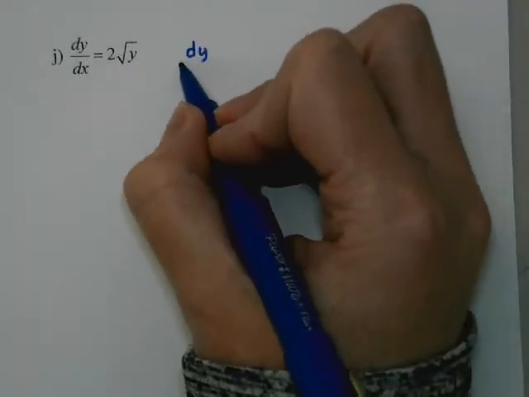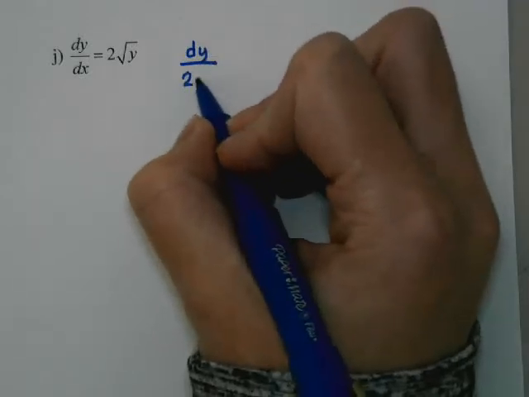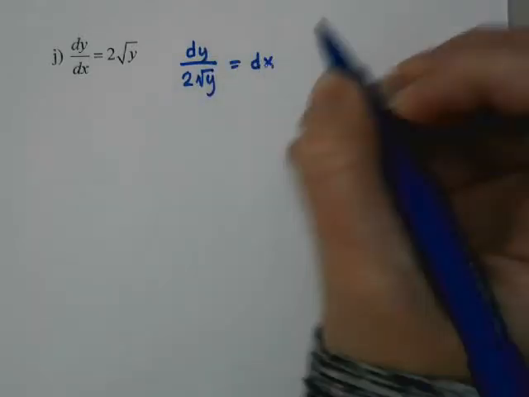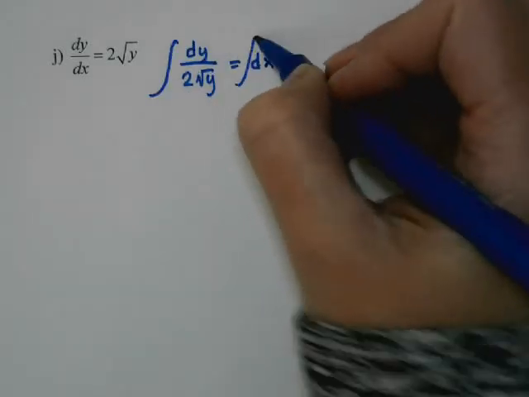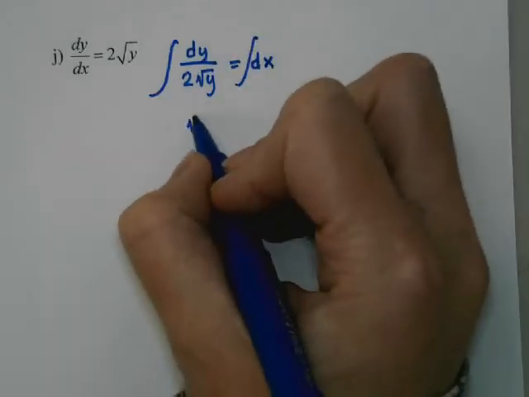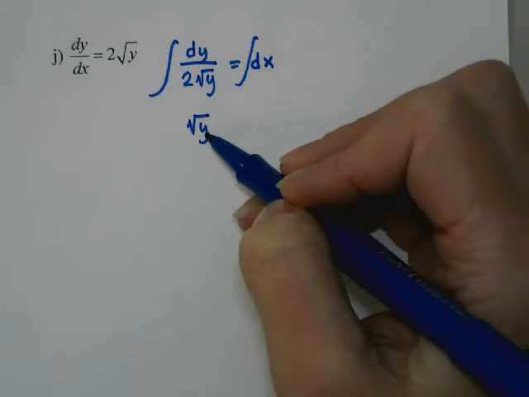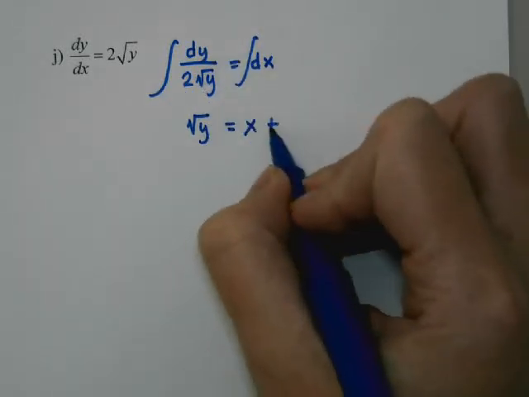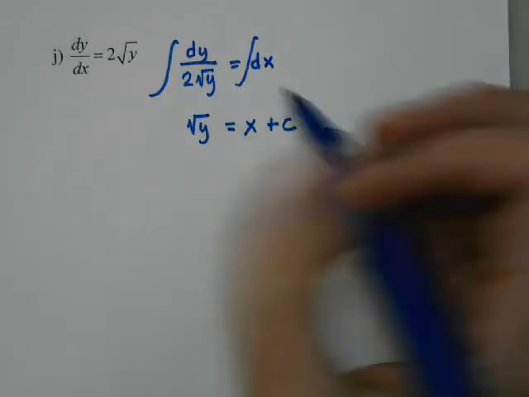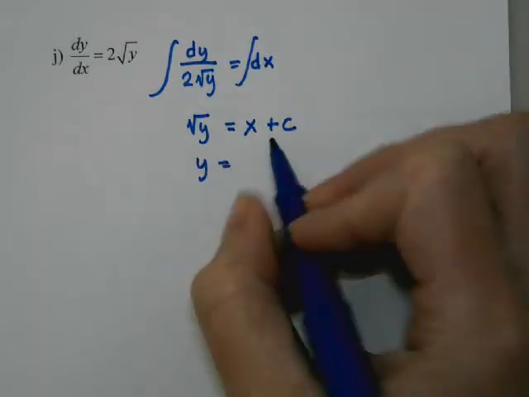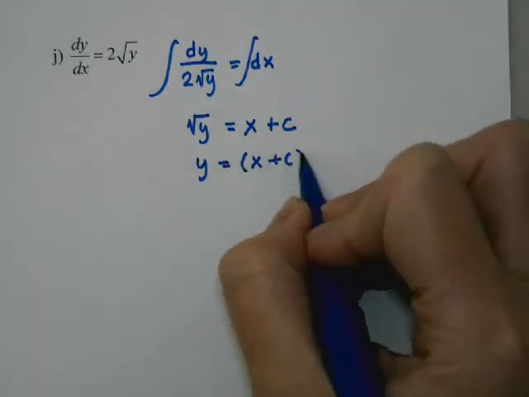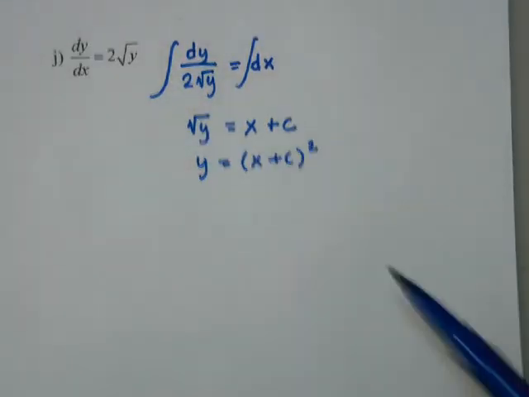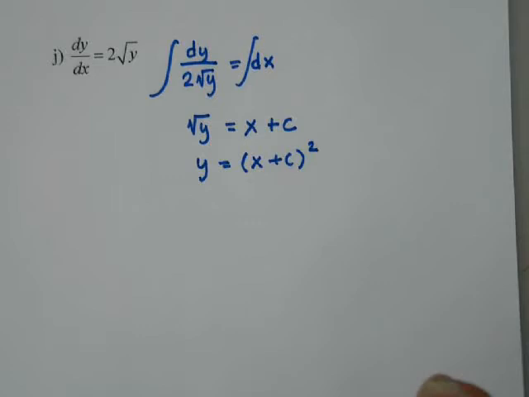Normally, I'd say leave the constant with the x, but in this case, I'm going to pair it with the 2y. Because the integral of 1 over 2y is just going to be the square root of y, because the derivative of square root is 1 over 2 root y. And then we'll square it. So y is going to equal x plus c squared. And you can't just say x squared plus c squared, because we're taking that entire quantity and squaring it.